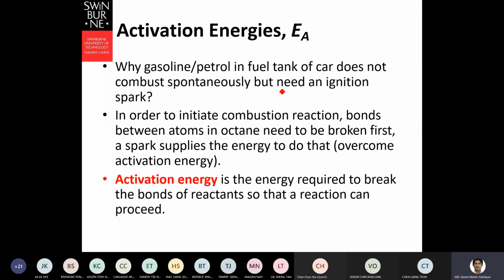Okay, so now we are going to the activation energy. We use this petrol or gasoline or octane or the methane gas that we use for our cooking, right? LPG gas. Those gas in our home, even in the cylinder, and we are okay with that.